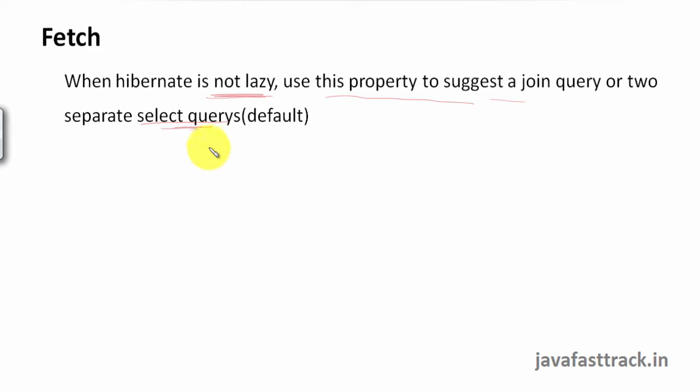When Hibernate is not lazy, it will try to fetch the associated data. By default, it will write two separate select queries, select query 1, select query 2, to fetch the associated data. Instead of two separate select queries, if you want one join query, then you can use the fetch property and say that you want a join query or two separate select queries.